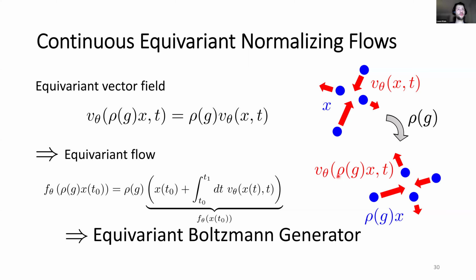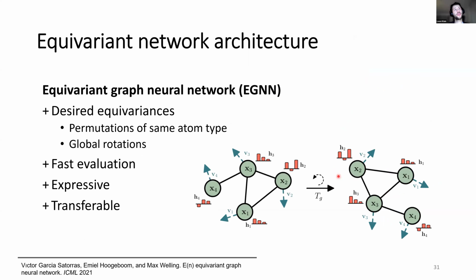And for the equivariant vector field, we use equivariant graph neural networks. There are, of course, many other equivariant choices one could have used. We use this because it fulfills the desired equivariances we are often interested in, which are permutations and global rotations.